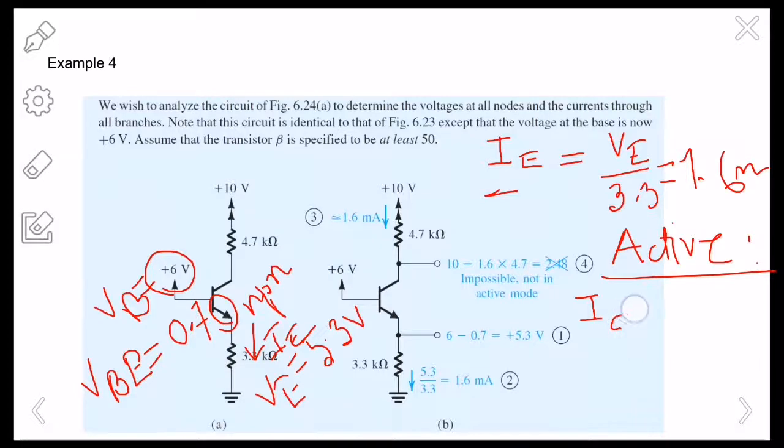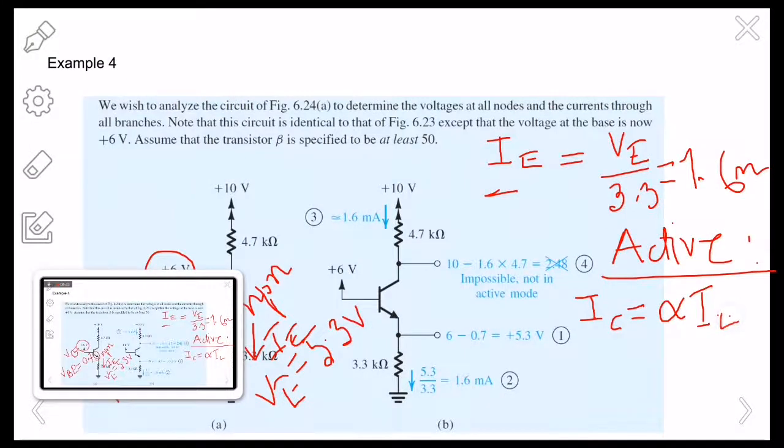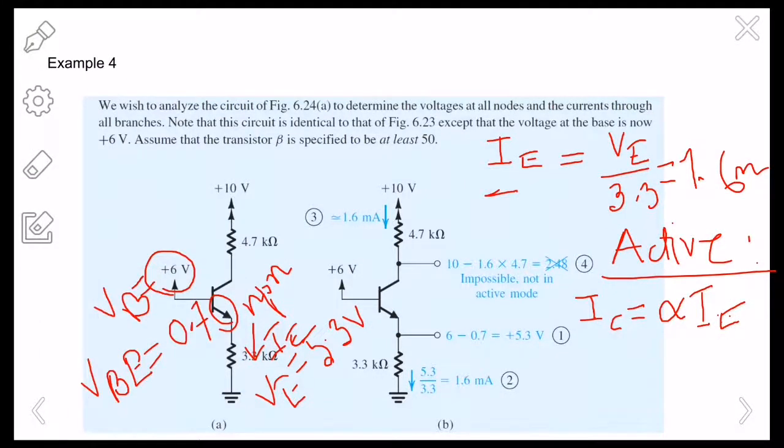If you recall properly, IC is nothing but alpha times IE. As I know the value of IE, that will provide me with the value of IC, because beta is given to be 50. So alpha should be beta divided by 1 plus beta. You can easily find that out.